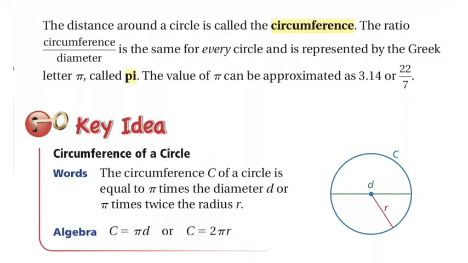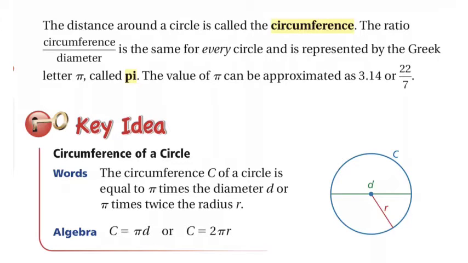The circumference of a circle, we use the formula C equals pi times D, or circumference equals 3.14 times the diameter. You can also use circumference equals 2 times 3.14 times the radius. So use either one of those formulas to find the circumference of a circle.